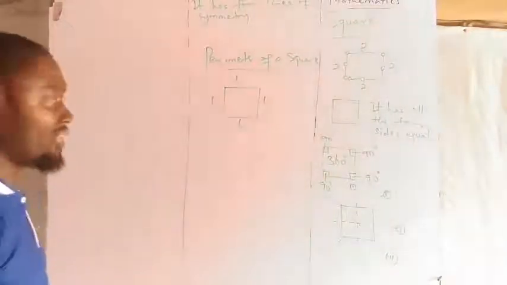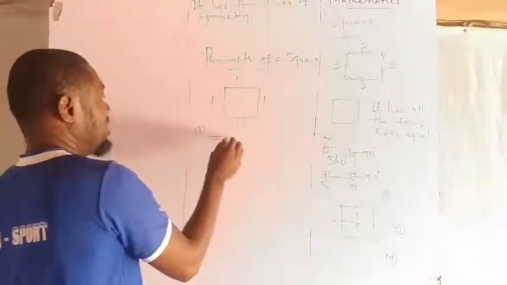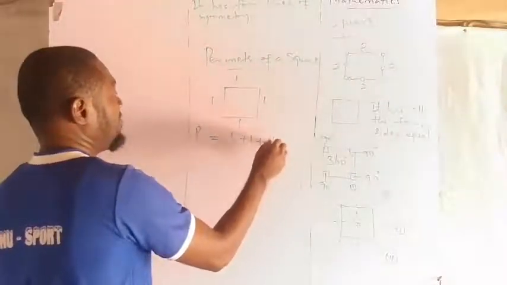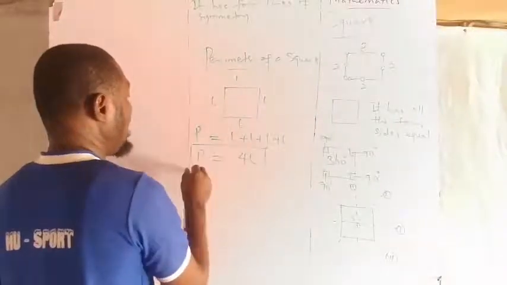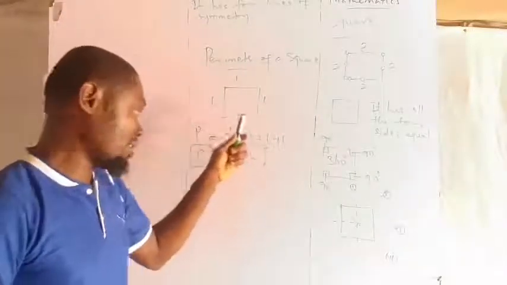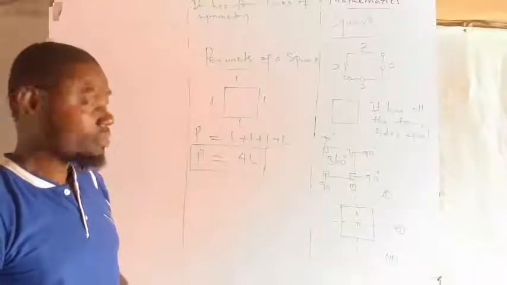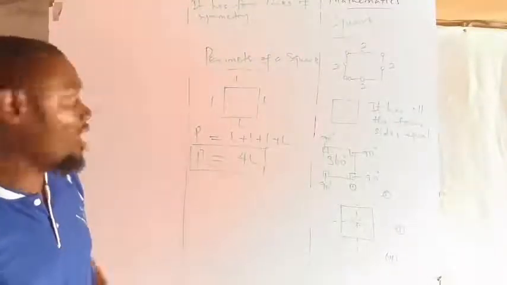Now perimeter means to add all the sides. So it will be L plus L plus L plus L. So the perimeter of a square is 4L. That is the formula. The perimeter of a square is 4L, or you can still use your L plus L plus L plus L. Or you can use the quick formula 4L, which is 4 times L.